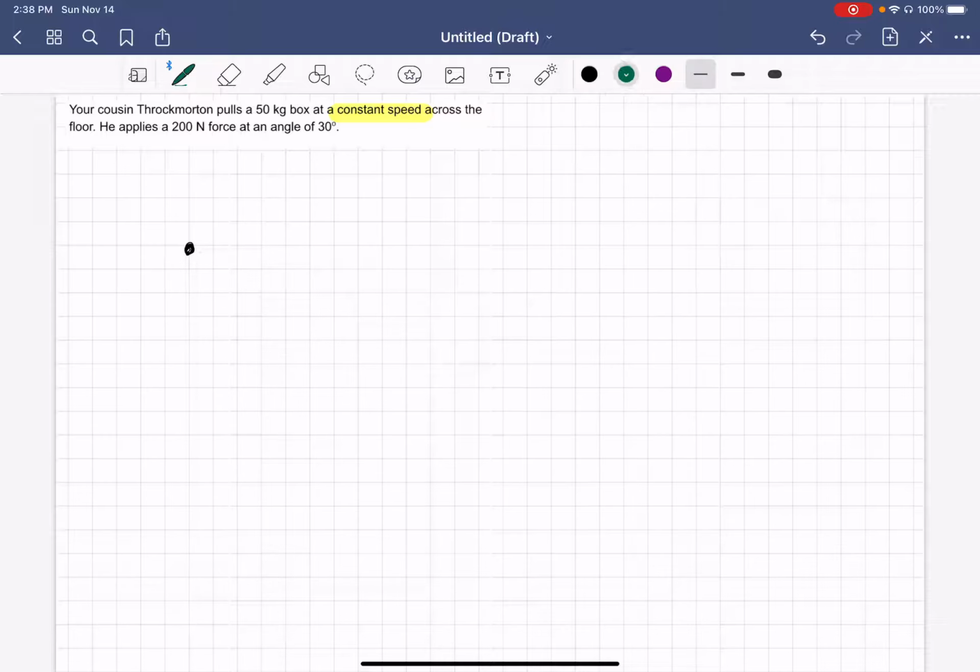So the first thing I'm going to do is draw a free body diagram for this situation. I'm going to start with the force of Throckmorton pulling, which we're told is 200 newtons. I'm also going to add that 30-degree angle. Now, as long as objects are on Earth's surface, there's a force of gravity.